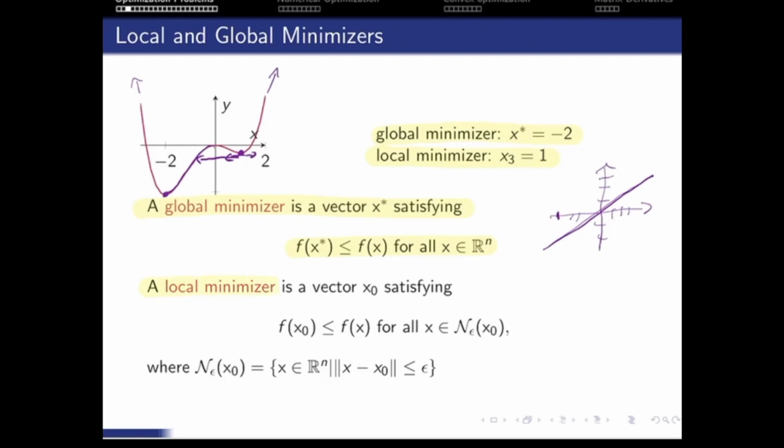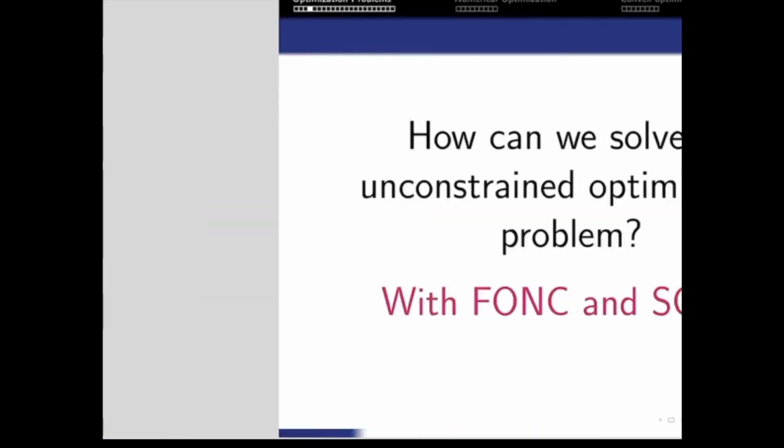A local minimizer is a vector which minimizes the function value within a neighborhood. Here we have this neighborhood N epsilon of x0, which is just the ball with radius epsilon around x0. For example, this would be here the neighborhood with respect to some epsilon of x3.